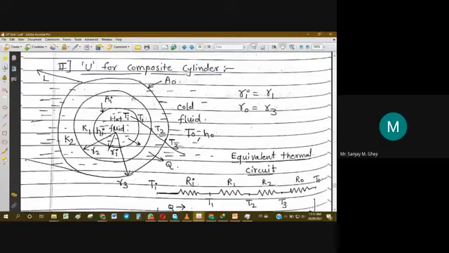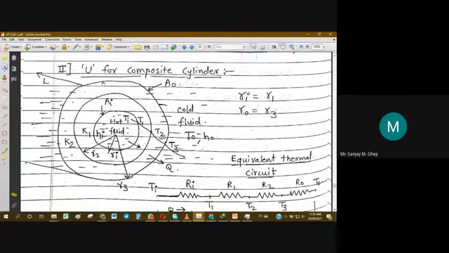Now let us see the overall heat transfer coefficient U for a composite cylinder. We covered the case of the composite wall. Now let us see the composite cylinder. The composite cylinder can be seen in many places or situations. For example, let us say a metallic tube is carrying some hot fluid.